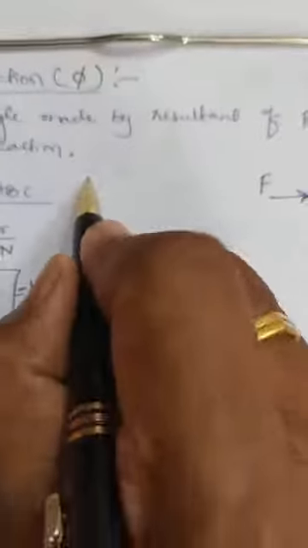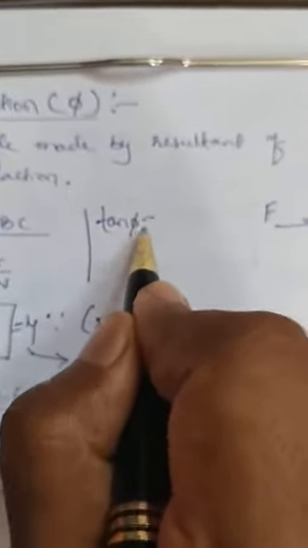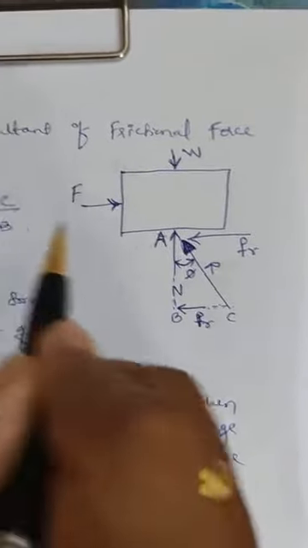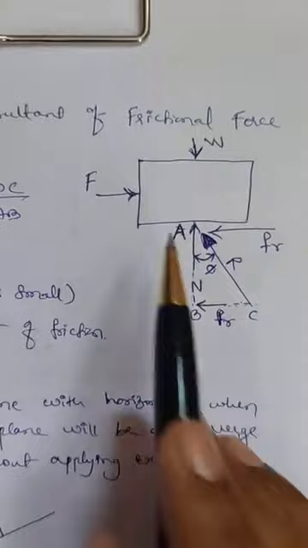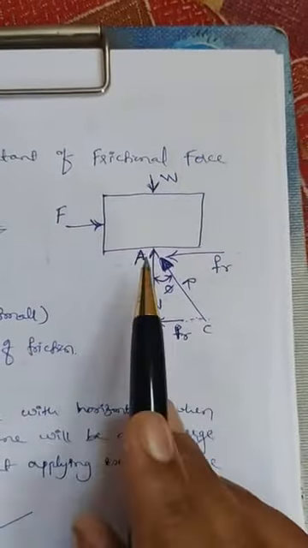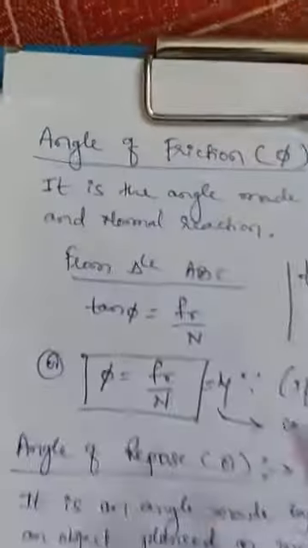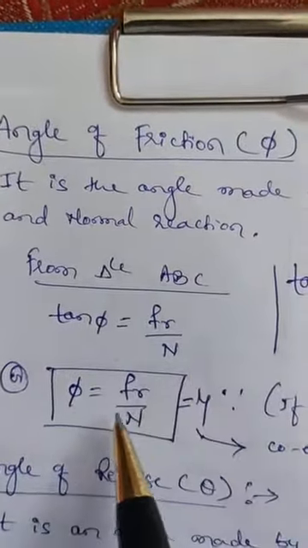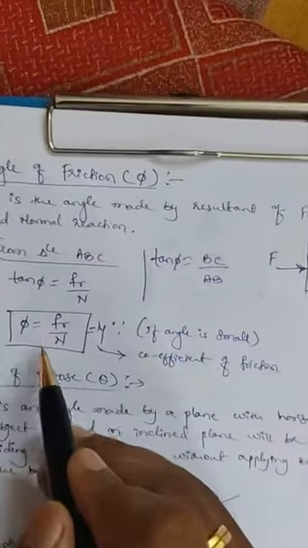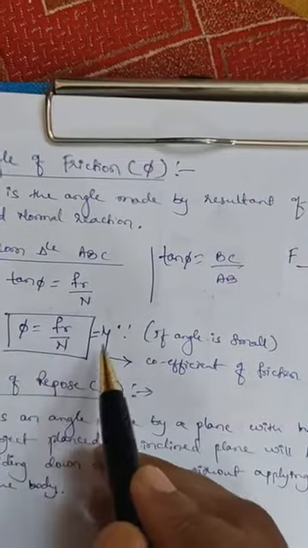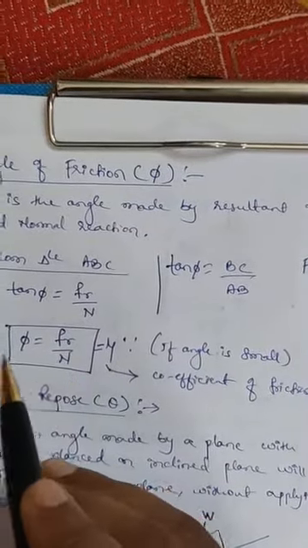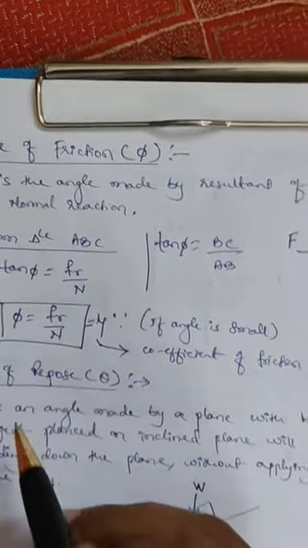So I will write here, tan of phi is equal to the opposite side BC divided by AB, where BC is FR and AB is N. The side BC represents the magnitude of force FR, whereas the side AB represents the magnitude of force N. So tan phi is equal to FR by N. If the value of phi is very small, then we can write phi is equal to FR by N, and we know that coefficient of friction has the same formula, that is FR by N. So phi will be equal to the coefficient of friction.